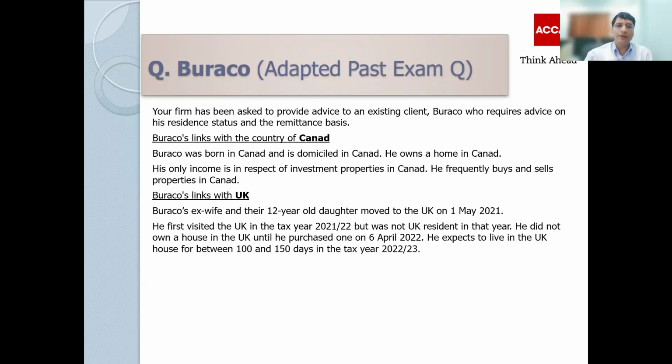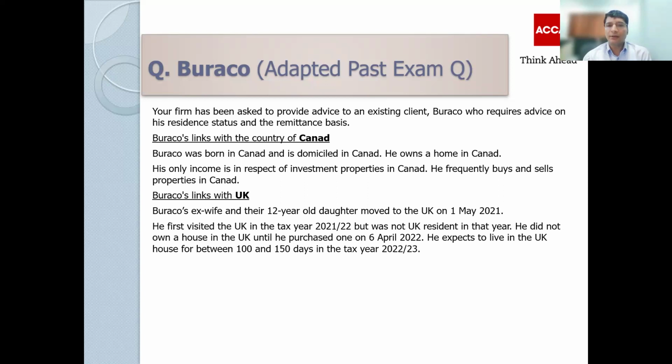He expects to live in the UK in the house for between 100 and 185, sorry, 150 days. Now, this is another hint for you. So, in 2021-22, he did come to the UK, but he did not spend that many days. How many days? We don't know.